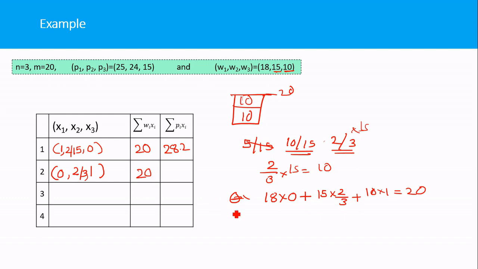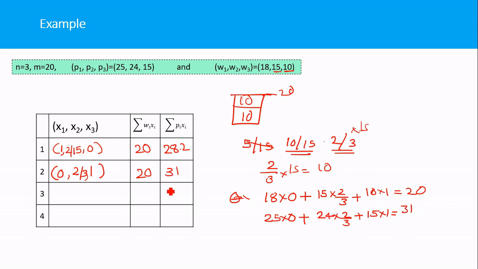Now let us calculate the profit with PiXi. The profit of the first item is 25 and I am not taking it. The profit of the second item is 24 and I am taking the 2 by 3rd fraction of it, and the profit of the third item is 15 and I am taking the entire item. The total profit I am going to earn is 31.